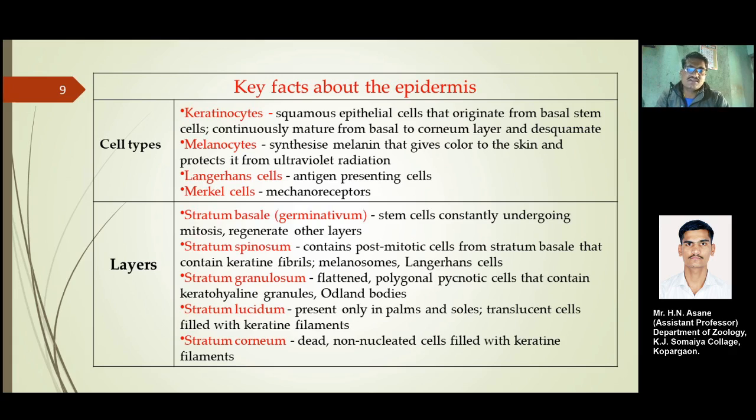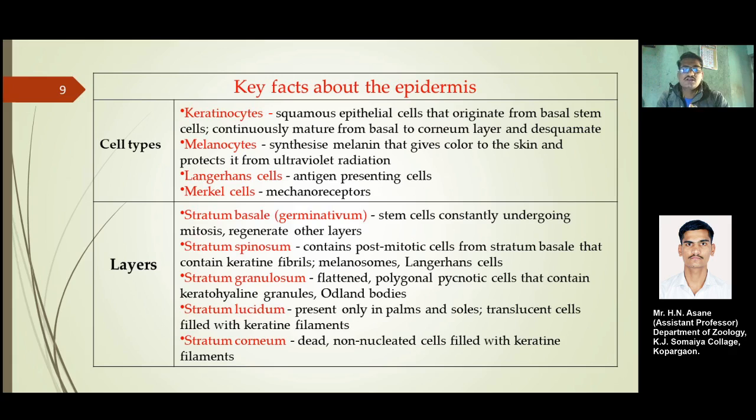The second cell type is the melanocytes. As you all know, they synthesize melanin that gives color to the skin, dark or fair, and protects it from ultraviolet radiation. Hence melanin is in abundant amounts in African people.